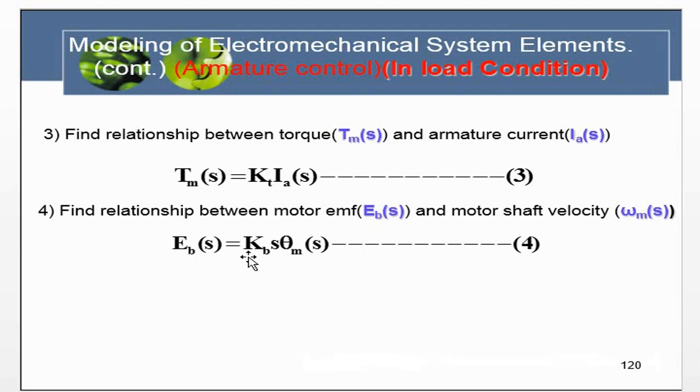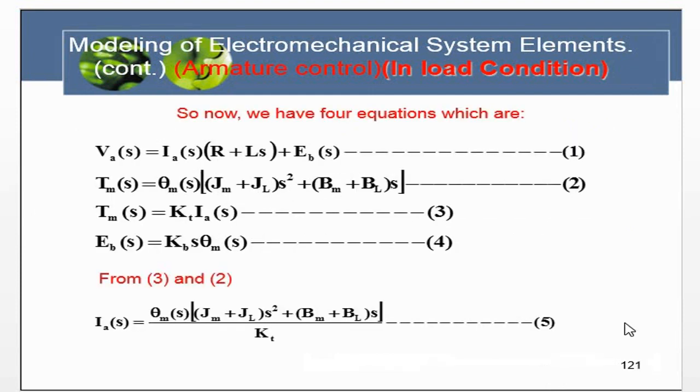This Kb is the EMF motor constant. Okay. So now we have four equations, which are number 1, the electrical side of the motor, number 2, torque, this is the mechanical, and the mechanical electrical relationships.